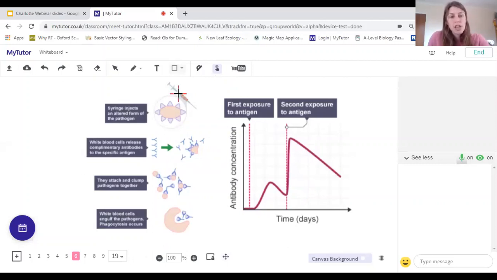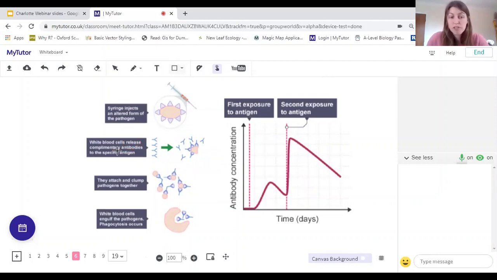So the syringe injects an altered form of the pathogen. They normally inject a small amount of a weakened form of the pathogen into the body. This then means that our white blood cells encounter that pathogen, recognize those antigen proteins that we talk about and go, hey, this one shouldn't be here. And then they release those complementary antibodies.